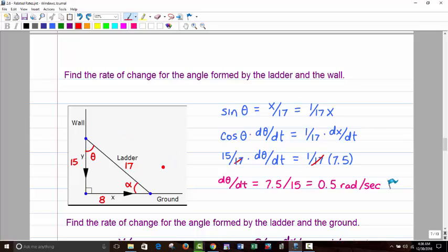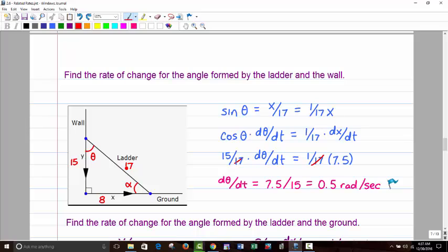What you want to do is use a trig function that takes the ladder into consideration, because if it is a fixed length, you want to take that into consideration. So I'm writing this as sine of theta equals x over 17. You can't really use the 8 or those numbers, because it's a variable, it changes. You have to use the variable. So if I use sine, it would be x over 17.